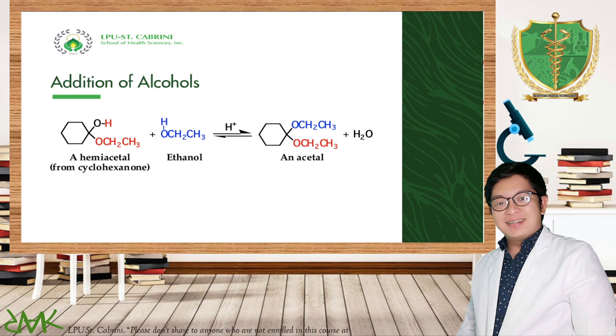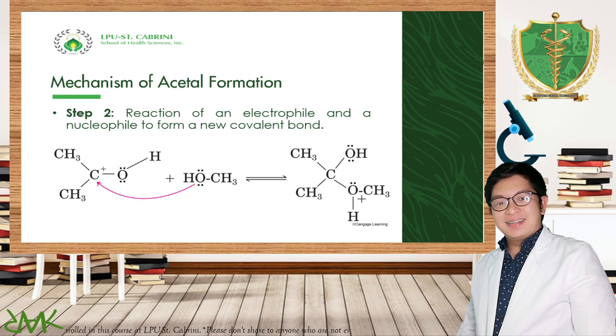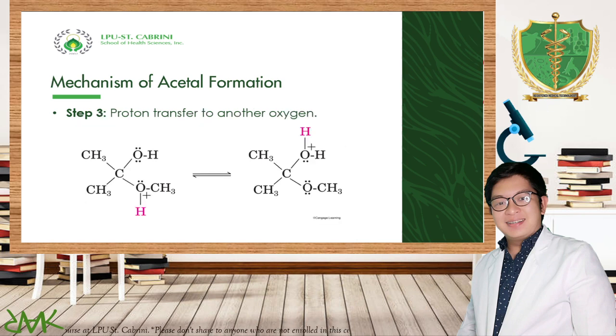So this is what happens. This is just the mechanism of the formation. Step 1 is the addition of a proton. Step 2 is the reaction of electrophile and nucleophile. Step 3 is the proton transfer from another oxygen.